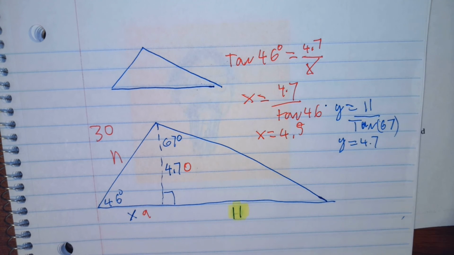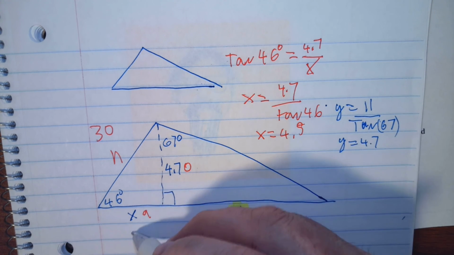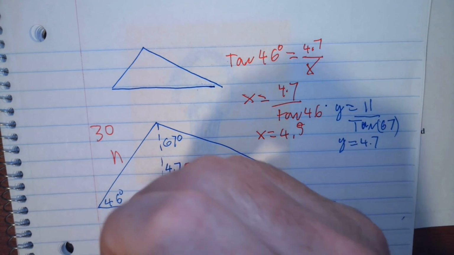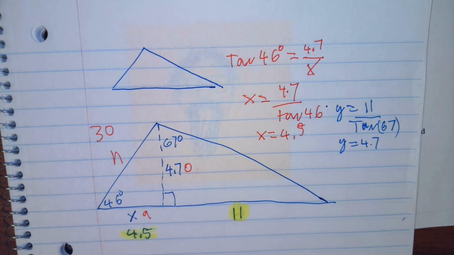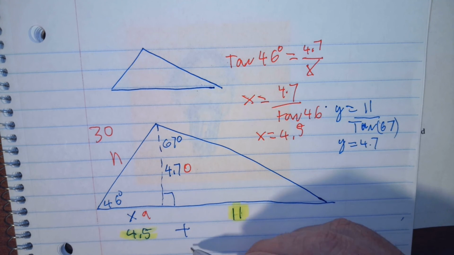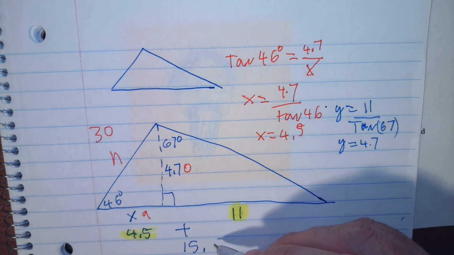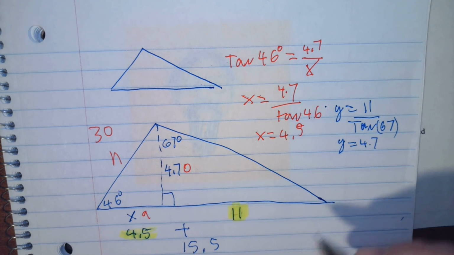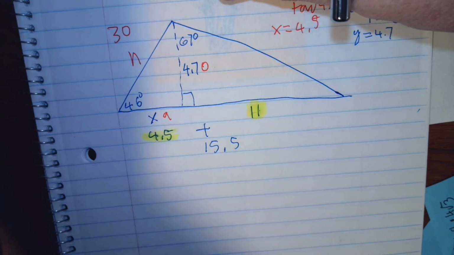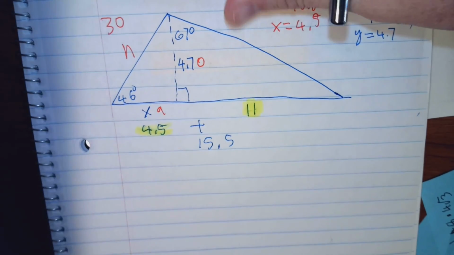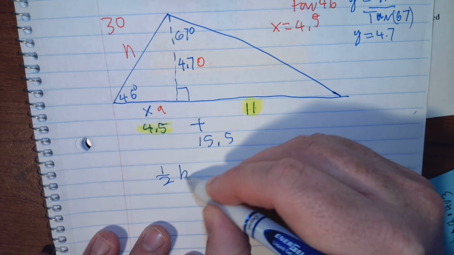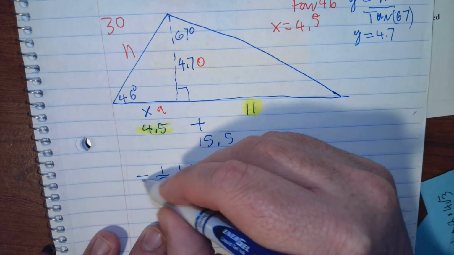So this x is going to be 4.5. To get the actual base of this triangle, we are going to have to add 4.5 and 11. So that's going to be 15.5. And of course our formula here is going to be 1/2 base times height is the area.